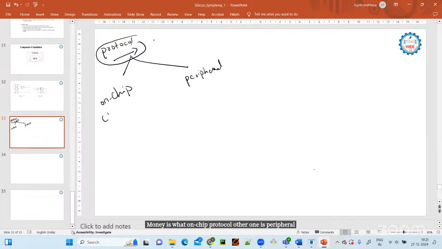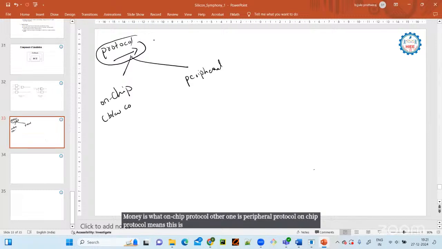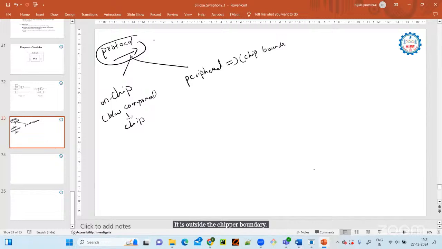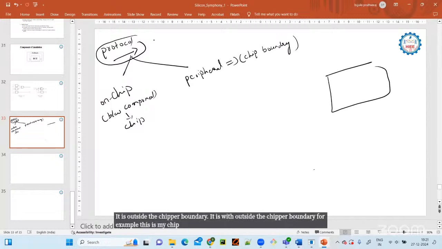On-chip protocol means this is between the components that are inside the chip. Whereas peripheral protocol is outside the chip boundary. For example, this is my chip, and in this there are many components, component 1, 2, 3, 4, 5, 6, 7. If these components want to communicate with each other, we have to use on-chip protocol.